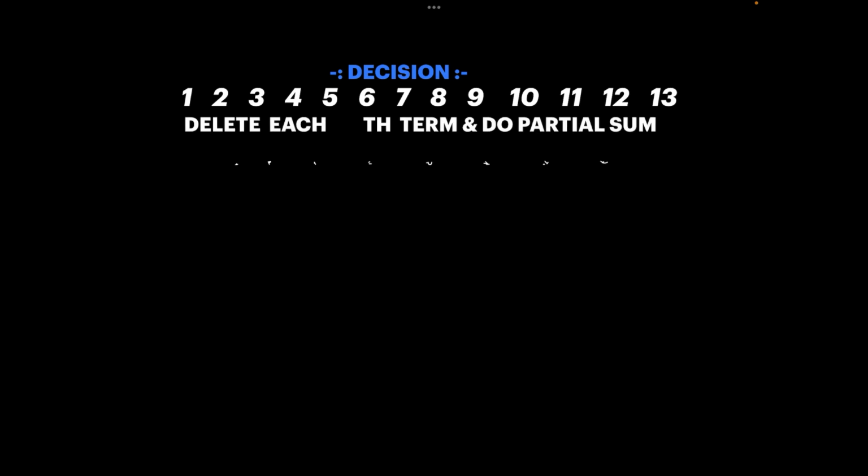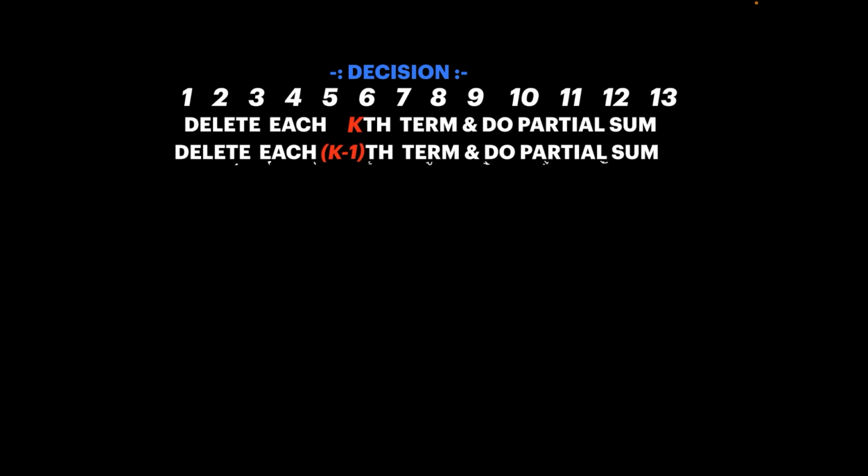So we have come to the conclusion that from the natural number sequence, if we delete each kth term, where k means any big positive integer you imagine, and you want to generate that kth power sequence, then you have to delete first each kth term and compute the partial sum, and then delete each (k minus 1)th term and then take the partial sum.